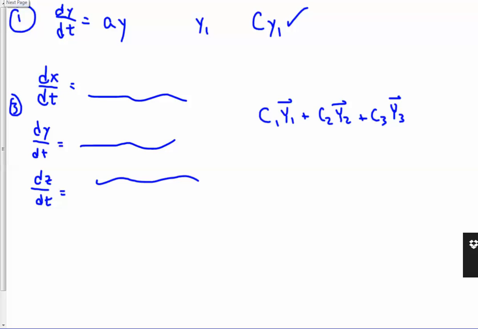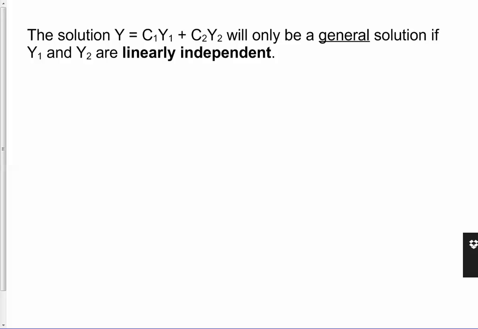Okay. One final note on this is I've been cavalierly saying that when you create this linear combination, you will get the general solution. Well, it will be a solution, but it won't be a general solution unless those two solutions that you found, y1 and y2, are linearly independent.